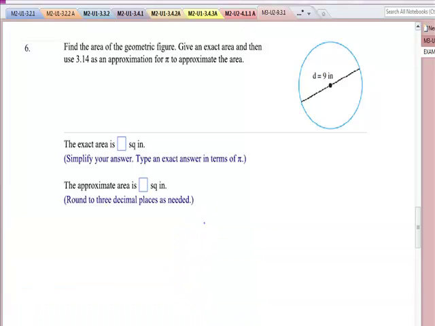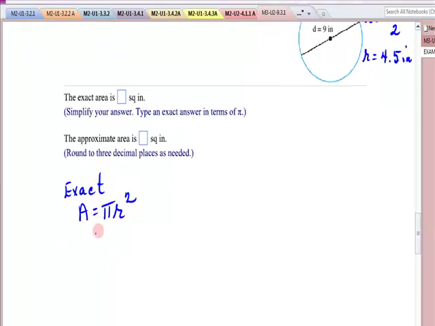All right, same thing. I have to find exact area and I have to find approximate area. What am I given? Well, again, I'm given the diameter. I need the radius. The radius is 9 inches divided by 2. The radius is 4.5 inches. Exact. Area is pi r squared. Area is pi.